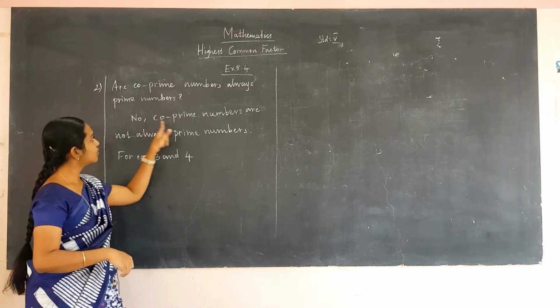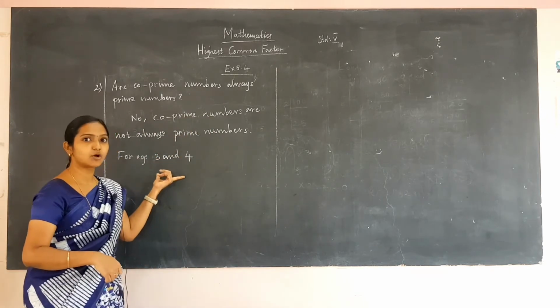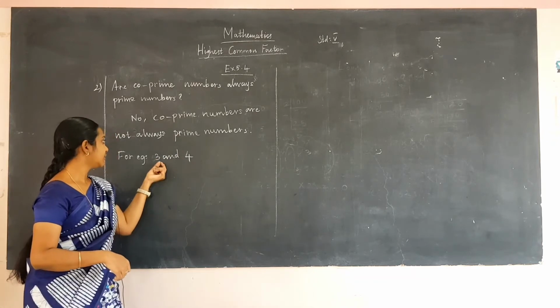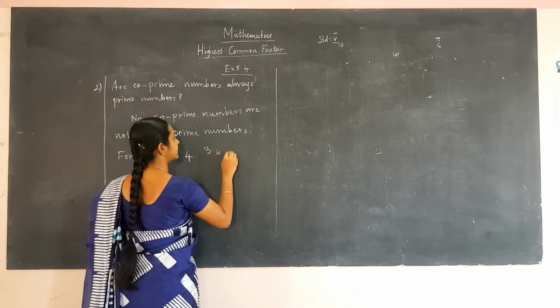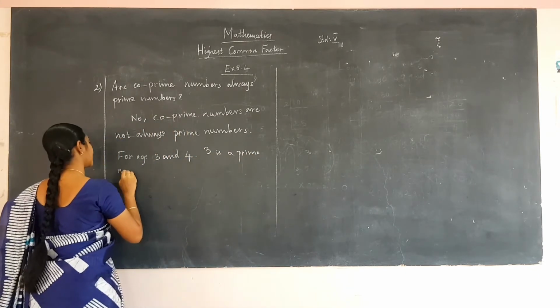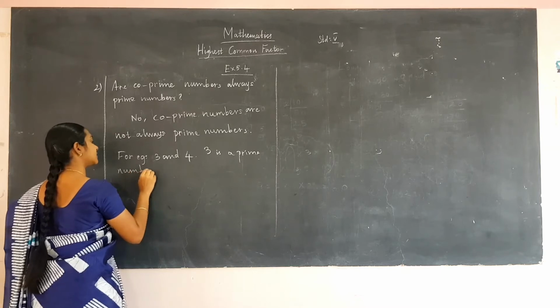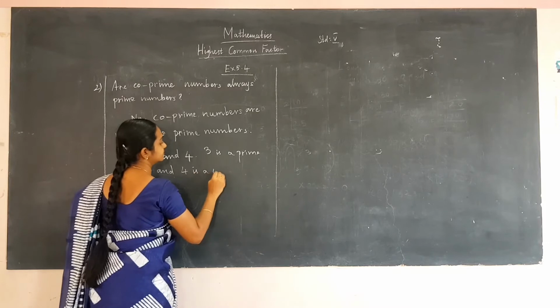So no, co-prime numbers are not always prime numbers. It can be a composite number also. For example, 3 and 4. 3 is a prime number and 4 is a composite number.